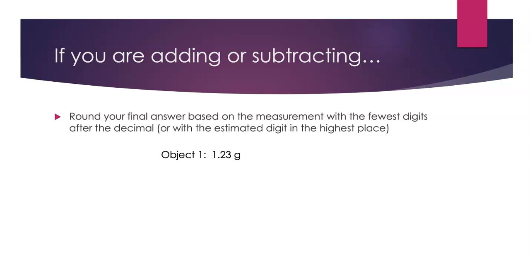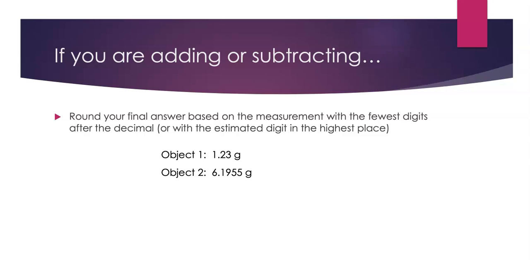Object 1 had a mass of 1.23 grams. The estimated digit is in the hundredths place, and that tells us that the balance we used was marked to every tenth of a gram. Object 2 had a mass of 6.1955 grams. The estimated digit here is in the tenth of a milligram, so a much more precise balance with lots more digits after the decimal place.